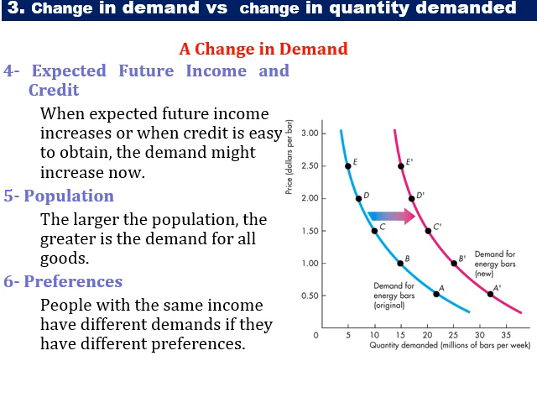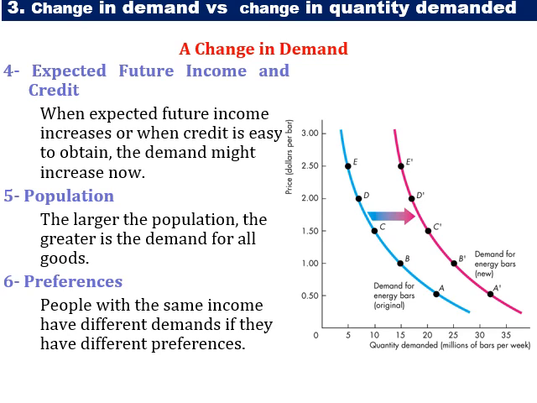So what is the main difference between a change in quantity demanded and a change in demand? A change in demand will happen because of a change in any of these six factors that I have just explained: a change in the prices of related goods, a change in future income, expected future prices, population, preferences.